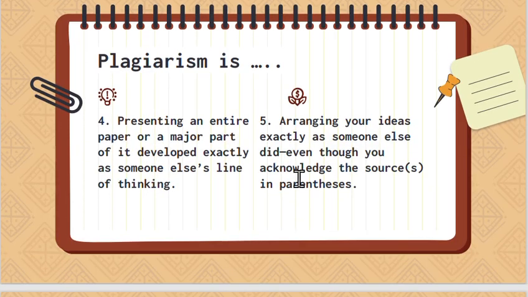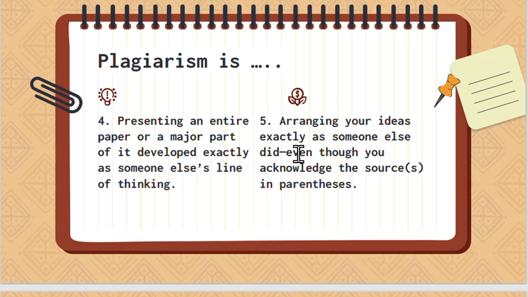Number four, plagiarism also means presenting an entire paper or a major part of it developed exactly as someone else's line of thinking. Even if you write an essay or a research paper exactly as someone else did it without mentioning the author, it also means plagiarism.